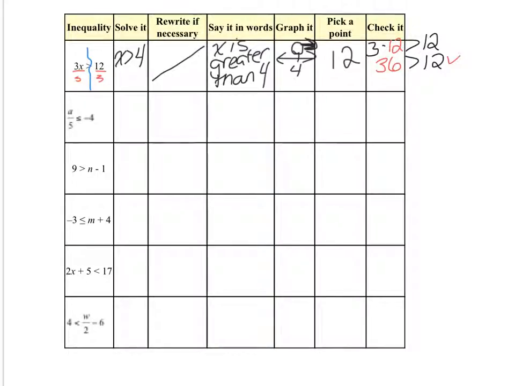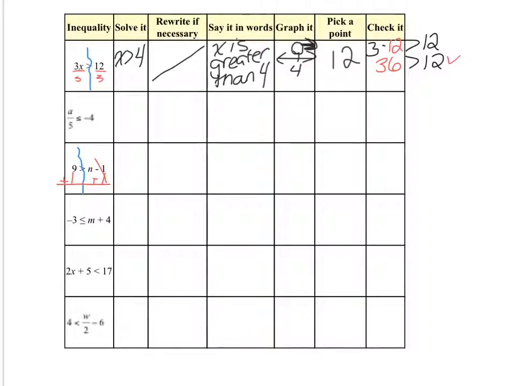Let's do one more. Let's do this third one down together. Okay, so the third one down, I'm going to draw my river. We're going to add 1 to both sides, right? Because we have to get the 1 and the 9 together and they're on opposite sides.